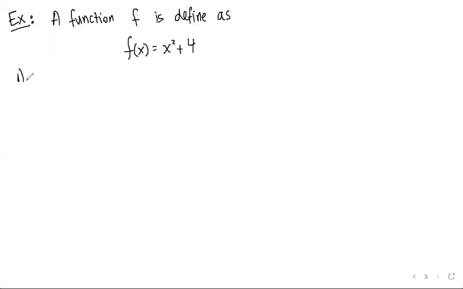So the first question in this example: evaluate f of 3, f of minus 2, f of square root of 5.